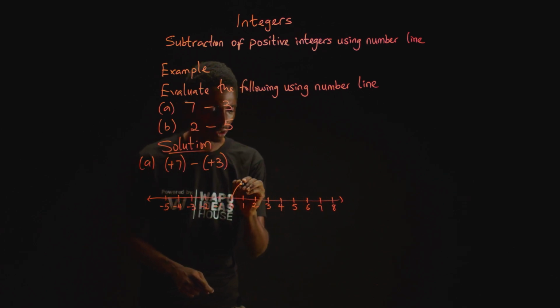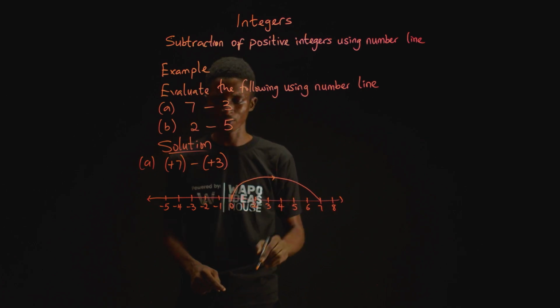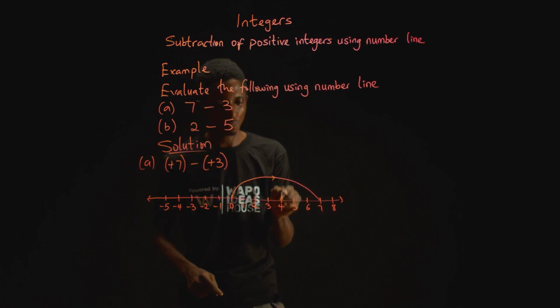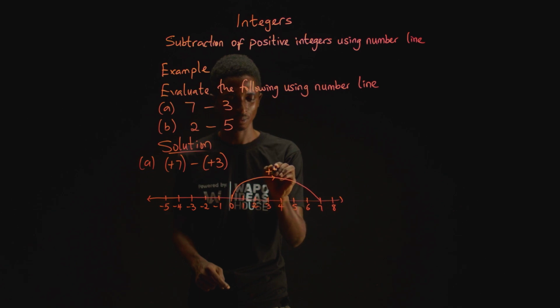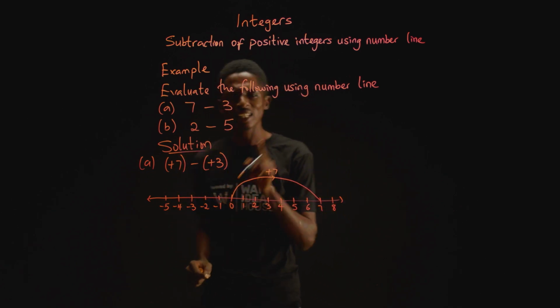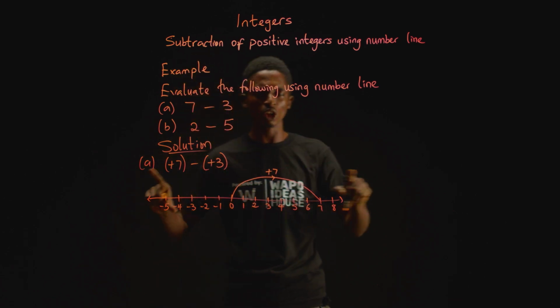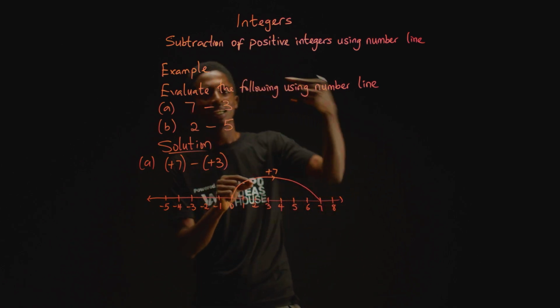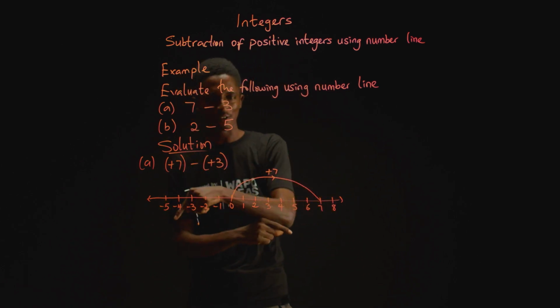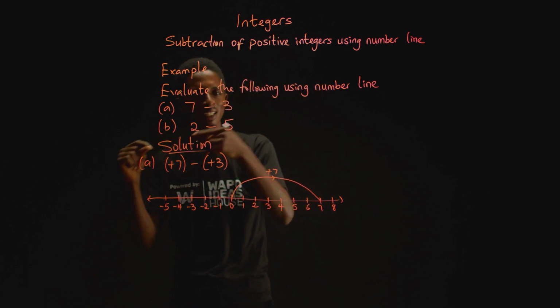So from 0 to plus 7. We have gotten to this point. The next thing we have to do is to subtract. And whenever you are subtracting using number line, you go to the opposite direction, that is the left. Addition takes you to the right, subtraction takes you to the left.